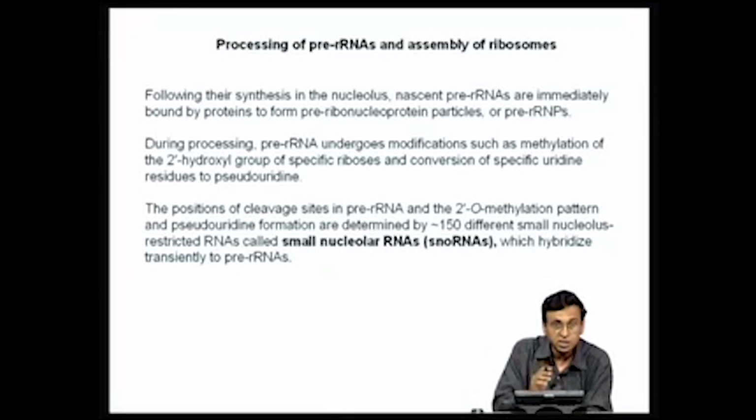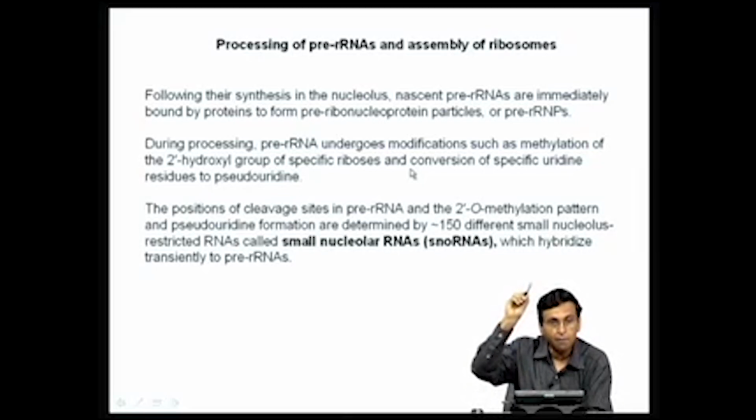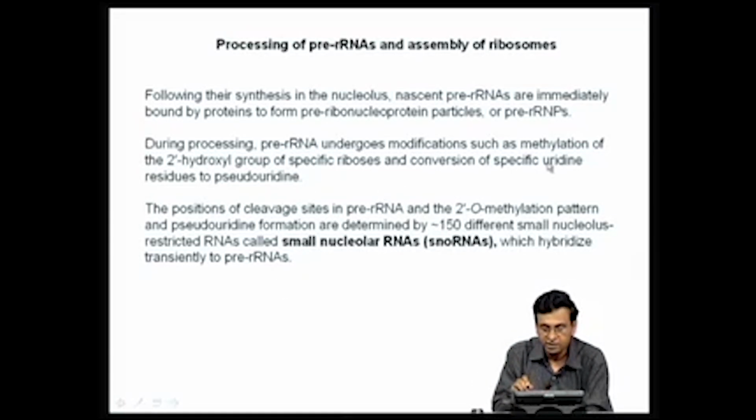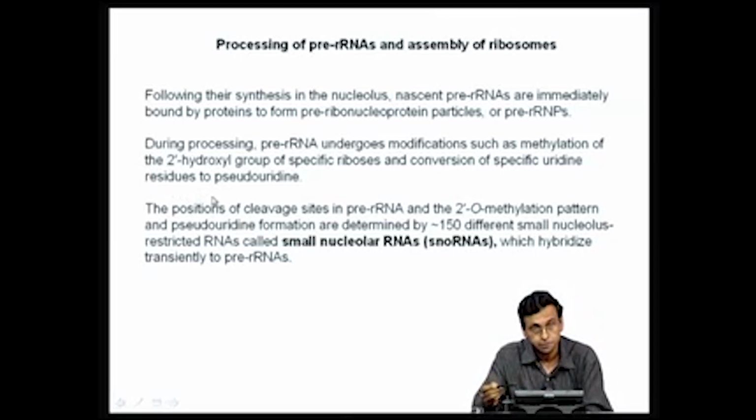So these proteins process these pre-rRNPs so that you get 28S, 18S and 5.8S rRNA. During this processing, pre-rRNA undergoes several post-transcriptional modifications, just like mRNA undergoes capping, where the cytosine is modified to a 5-methyl cytosine at the 5' end. Similarly, pre-rRNA also undergoes several base modifications, such as methylation of the 2' hydroxyl group of specific ribose sugars, as well as conversion of specific uridine residues into pseudouridine residues.